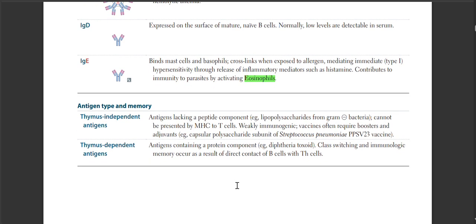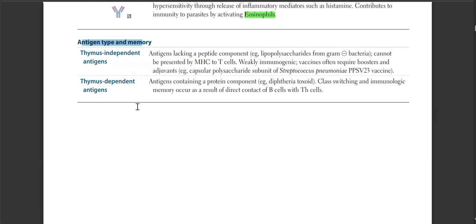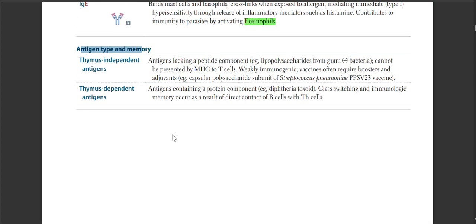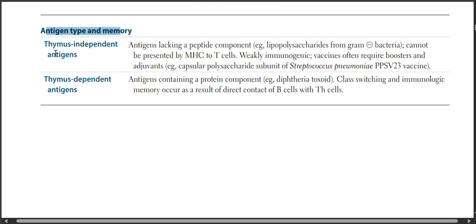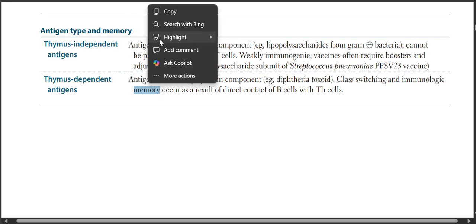So next we have antigen types and memory. Basically, there are two different types of antigens. One is thymus dependent, and the other is thymus independent. If an antigen has a protein, or a specific molecule, usually a protein, that will give you memory cells.